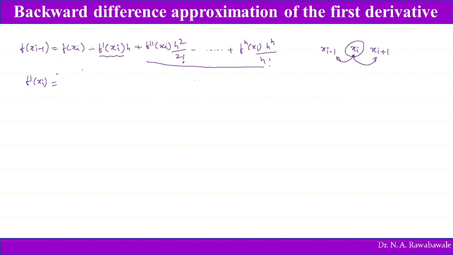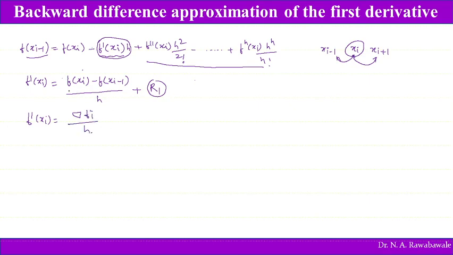When we transfer, we get f of xi minus f of xi minus 1 divided by h, plus the higher order terms which we call R1. Neglecting this as a truncation error, we can write f dash of xi is equal to delta f of i divided by h. This is the derivative obtained by backward difference.